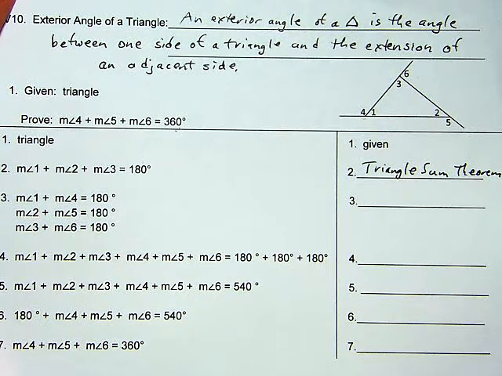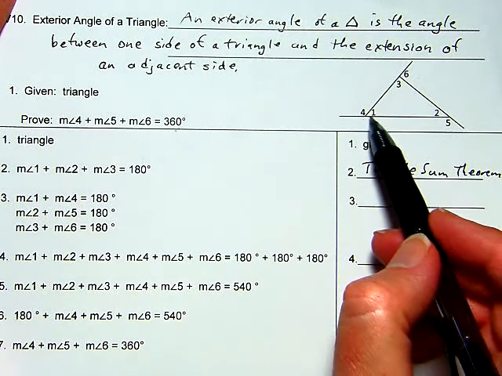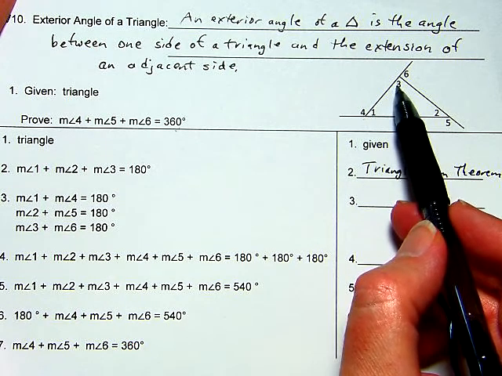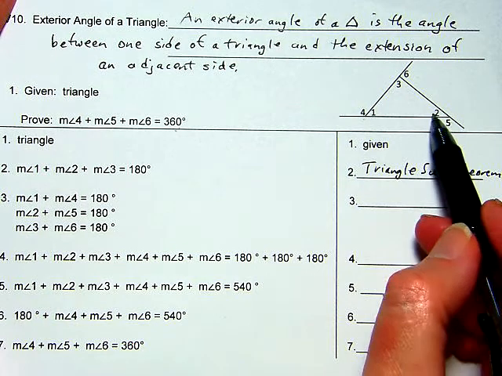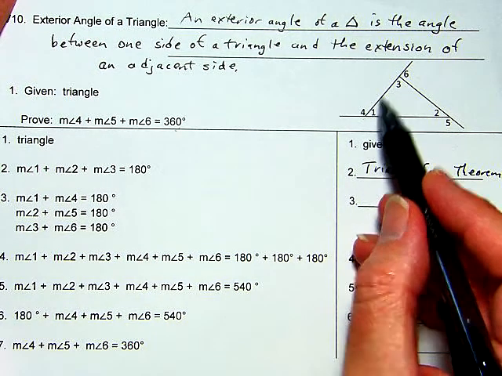To be really precise about it, we probably should add another line to this proof before this and basically just indicate that angles 1 and 4 are linear pairs, angles 3 and 6 are a linear pair, and angles 2 and 5 are a linear pair, because the reason would be the definition of linear pair. It's a pair of angles that are adjacent and form a straight angle. That was sort of skipped, but it's pretty obvious, so we'll just assume it was stated.